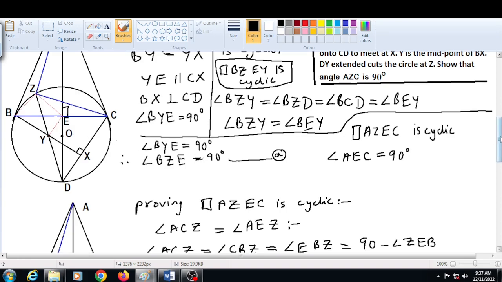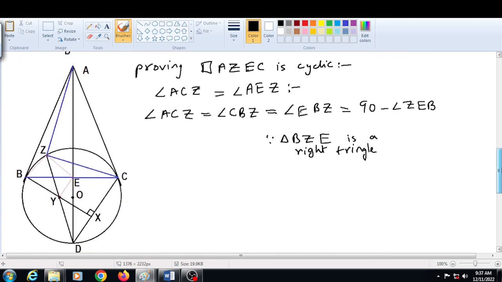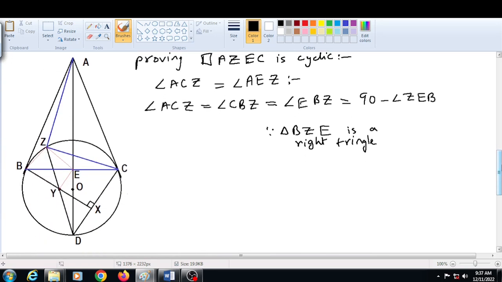So because angle BZE is 90 degrees, triangle BZE is a right angle triangle. Therefore we have angle ZBE in triangle BZE plus 90 degrees, the right angle of the triangle, plus angle BEZ as 180 degrees.